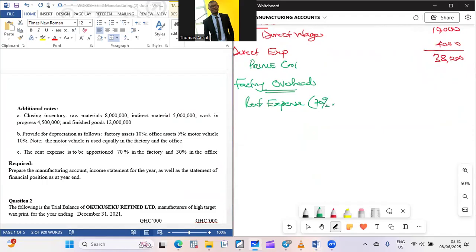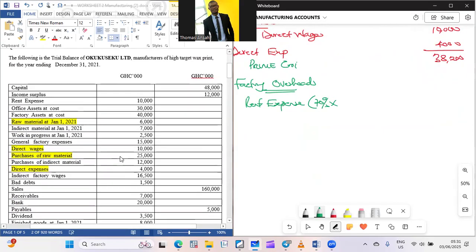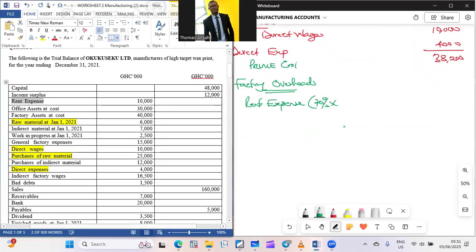I told you that that's how it will always be. 70% of the rent expense of 10,000. That's 7,000. So it means 3,000 will go to the office. So rent expense, that check. General factory expense, indirect. So how much is that general factory expense? 15,000. Good. General factory expenses, 15,000.